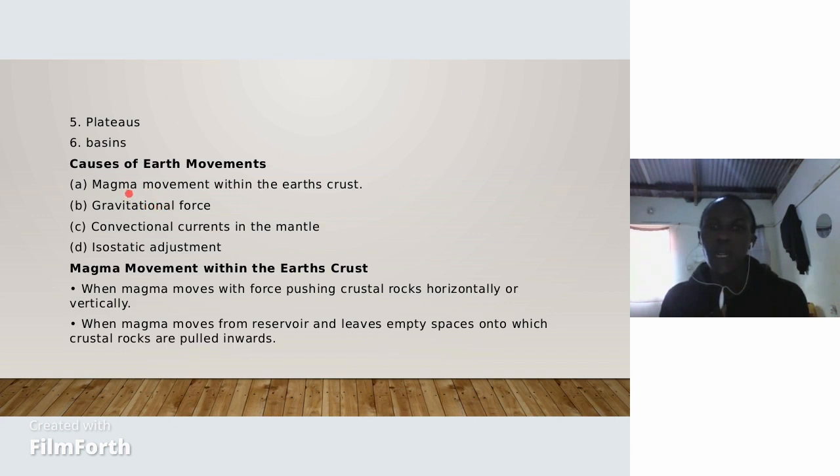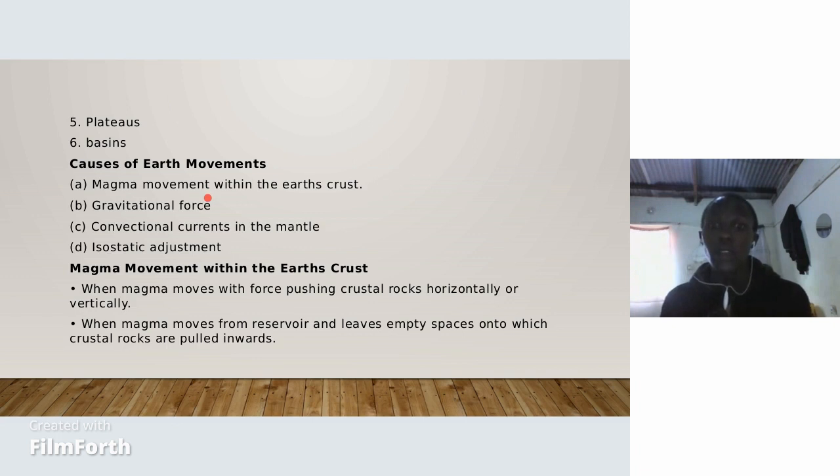In magma, when these magma are forced to the surface of the earth, they usually tend to create voids and hollows, which eventually causes the upper part of the crustal rock to sink in order to fit the void, hence resulting in the formation of features like basin.